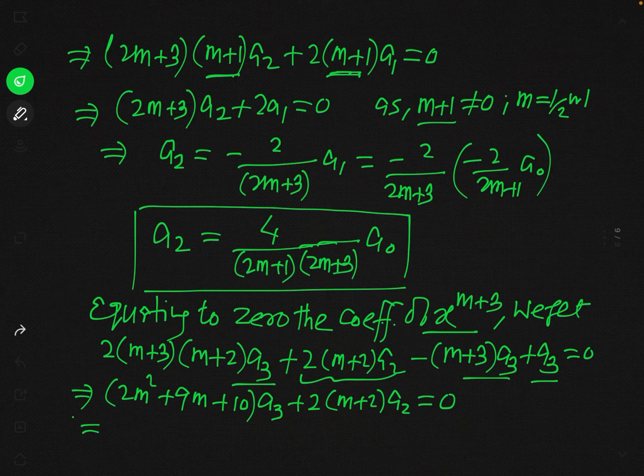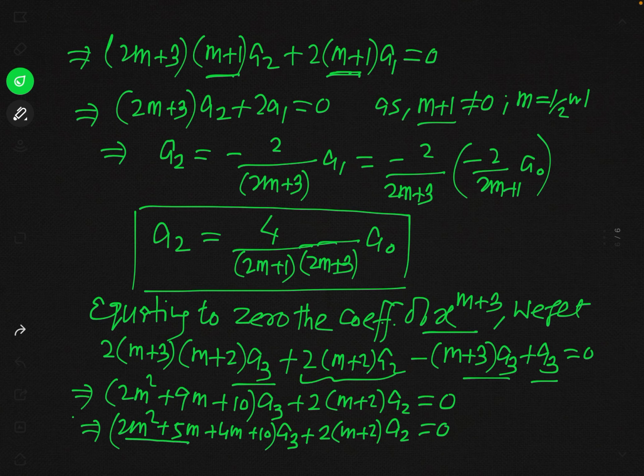Now when you factorize this, you can write this as 2m square plus 5m plus 4m plus 10 into a3, and plus 2 into m plus 2 into a2, and this equal to 0.